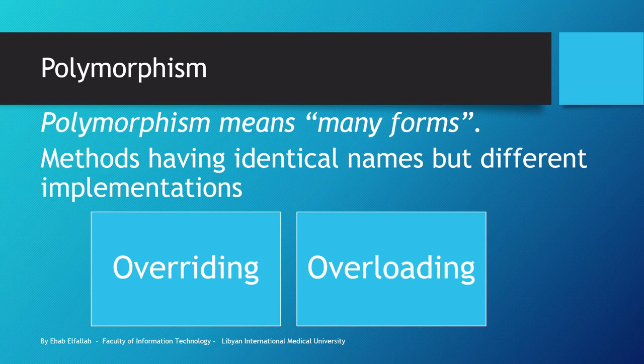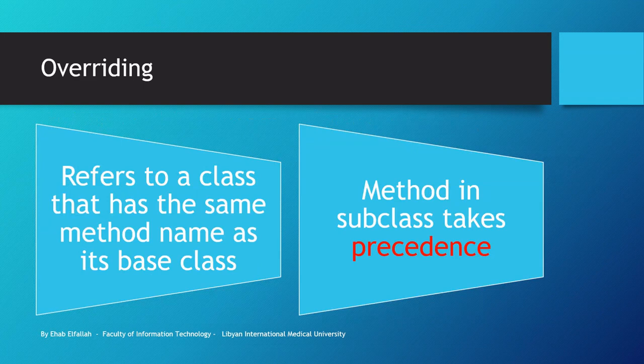Polymorphism can appear in two forms: first, overriding, and second, overloading. In this class today we talk only about overriding, and in the next class next week we will talk about overloading. Overriding refers to a class that has the same method name as its base class.